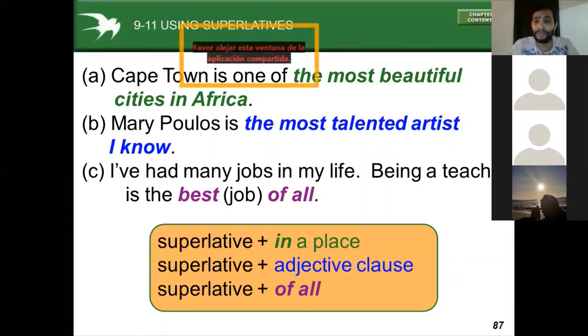En español decimos de, but in English, we cannot say of. When we speak about a place, we have to use the preposition in. Like Cape Town is one of the most beautiful cities in Africa. In, right?